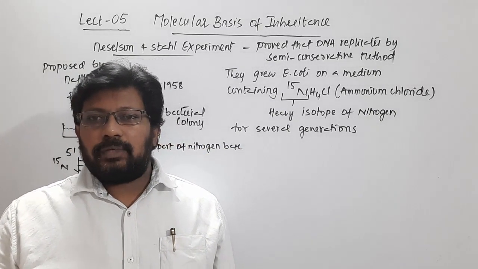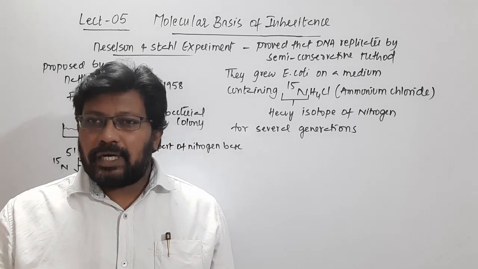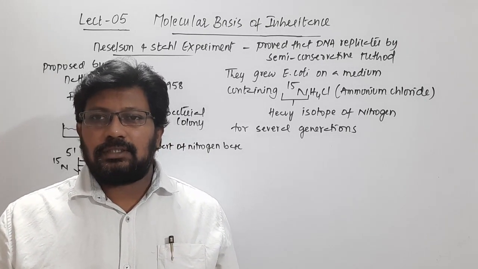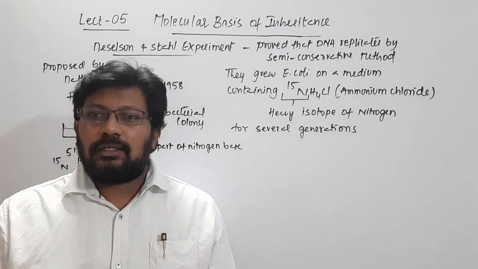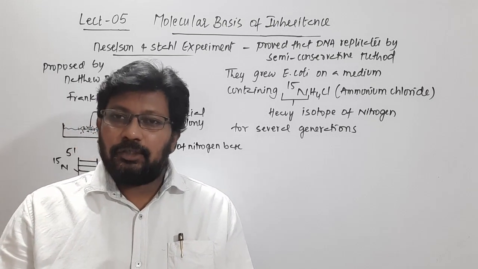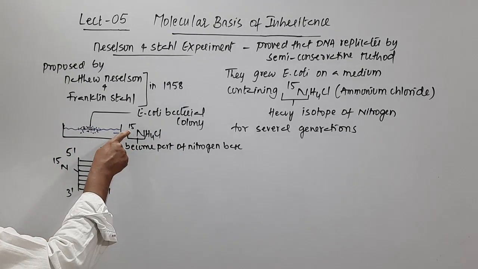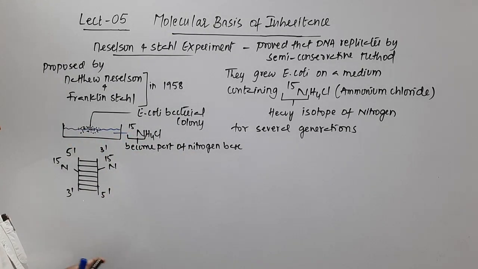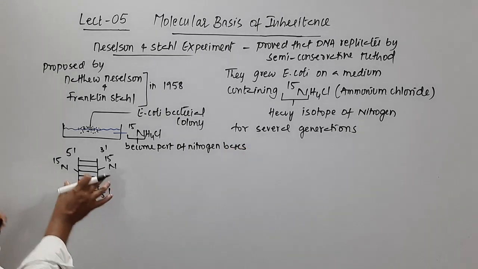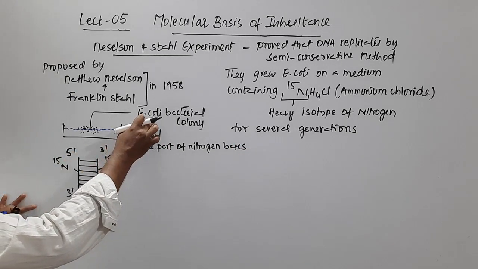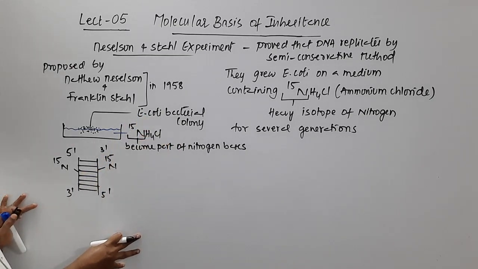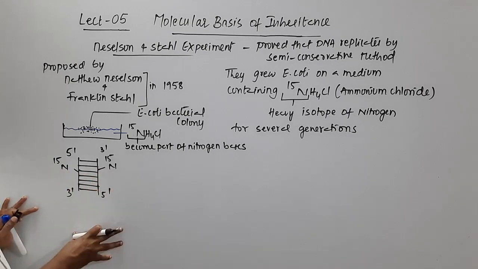A nucleotide is a combination of phosphate, pentose sugar, and a nitrogen base, and all three have to be synthesized every time there is DNA replication. During that synthesis, it uses N15 to make the nitrogen bases. So after several generations, when we extract the DNA from the E. coli grown on N15H4Cl, both strands will have N15.